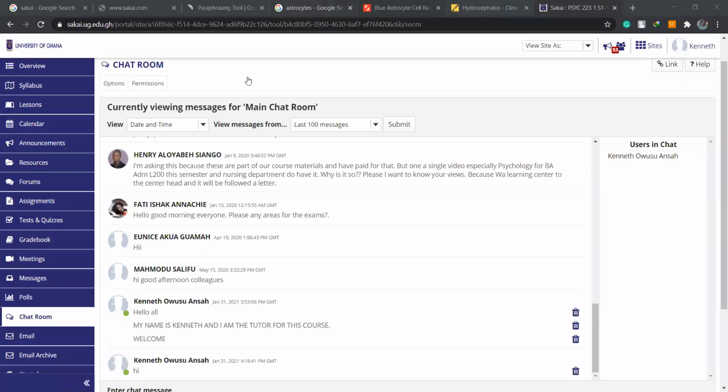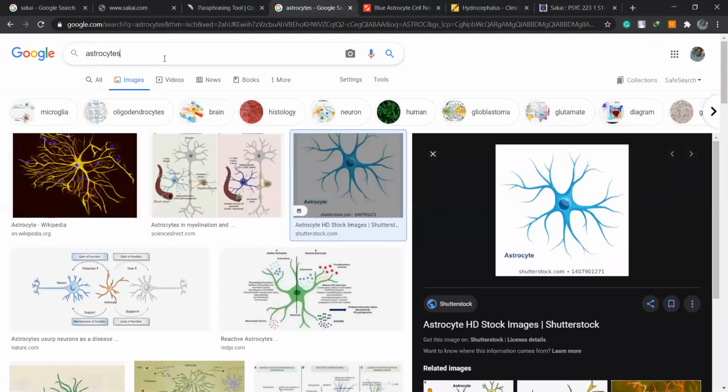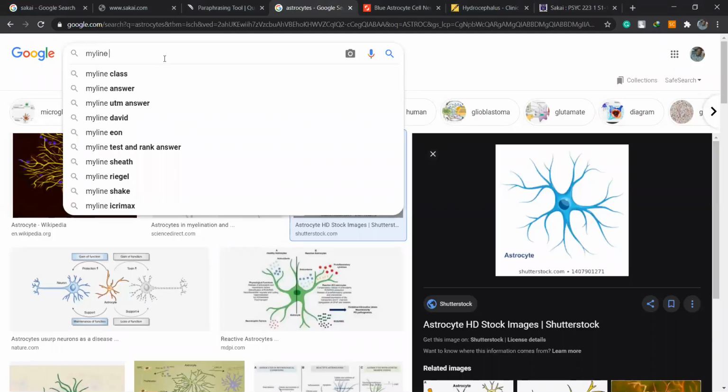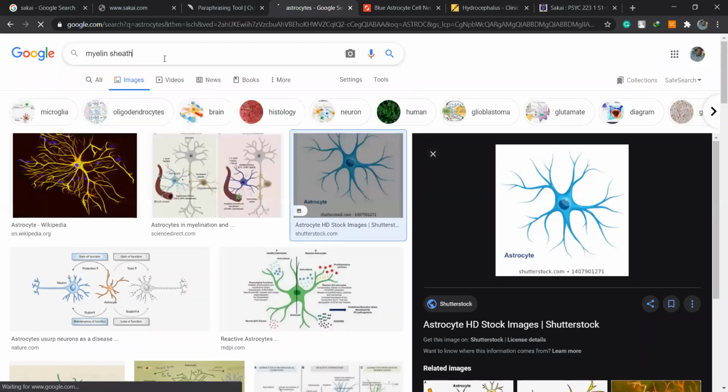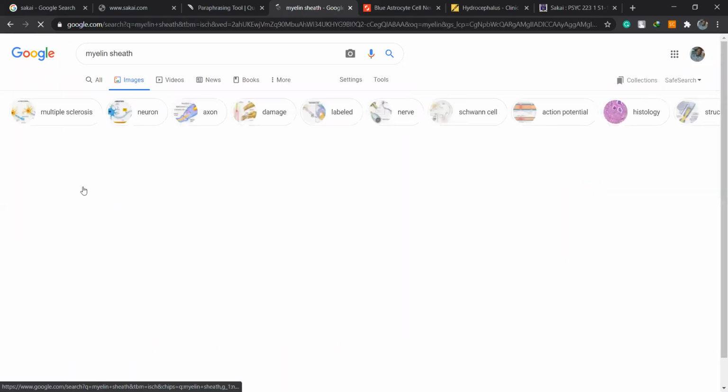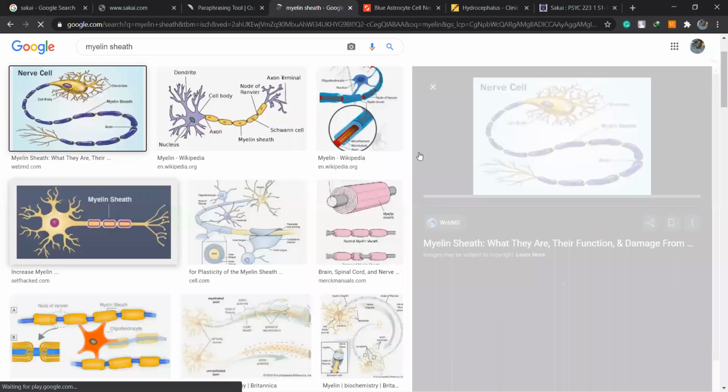All right. Myelin sheath. Yes, this is a typical myelin sheath.